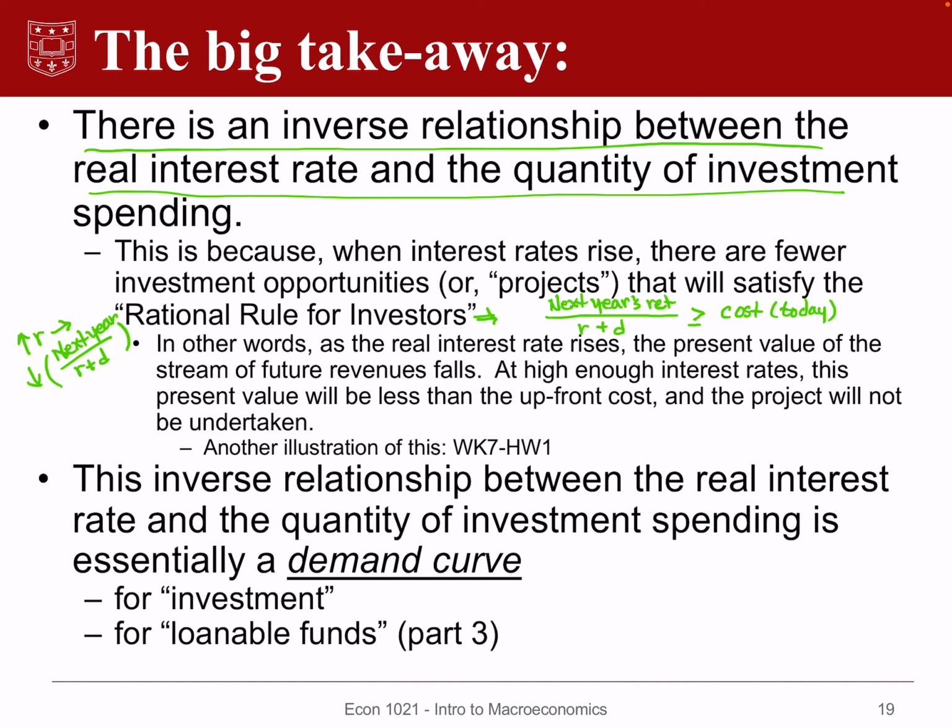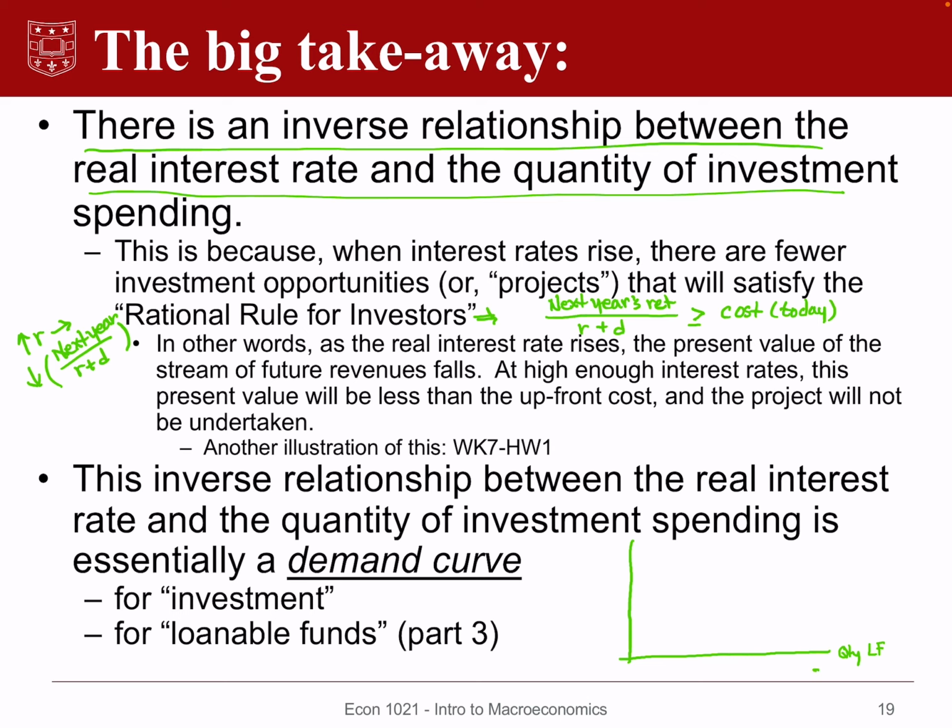Now, this inverse relationship between the real interest rate and the quantity of investment spending is essentially describing a demand curve. A demand curve for what? A demand curve for investment. Down the road, namely in the part 3 notes, we're going to put here the quantity of loanable funds.